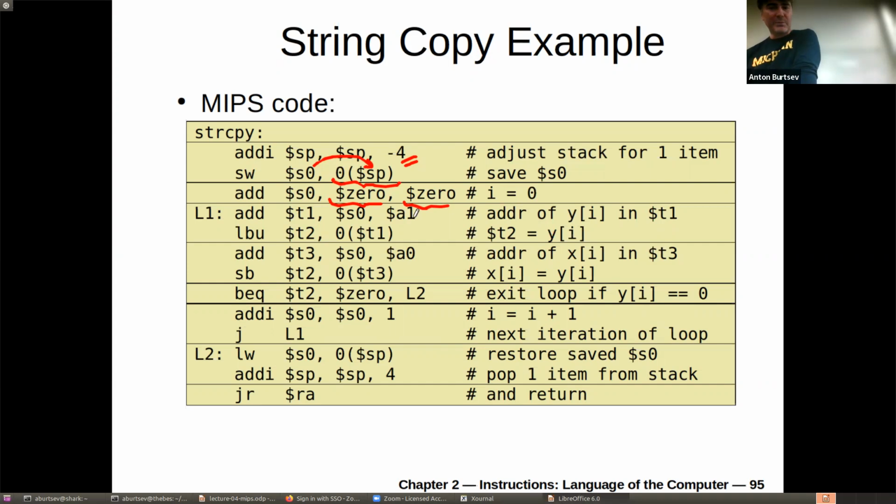And then what you're going to be doing is put the address. Remember, A0 contains X and A1 contains Y. So what you put in here is the address of Y: you take a counter as 0, add it to A1, put it into a temporary register T0, load from it into T1, then load from T1 into T2.